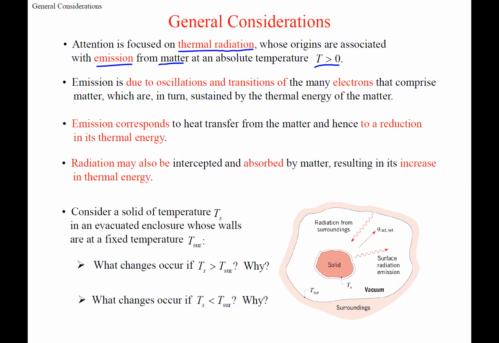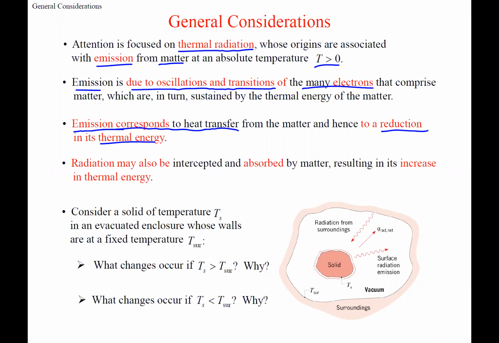It has thermal radiation that it's emitting, okay? But it's also absorbing, right? And this emission, though, is due to oscillations and transitions of many electrons, okay? So when we get an emission, it corresponds in heat transfer, you get a reduction in thermal energy, okay?